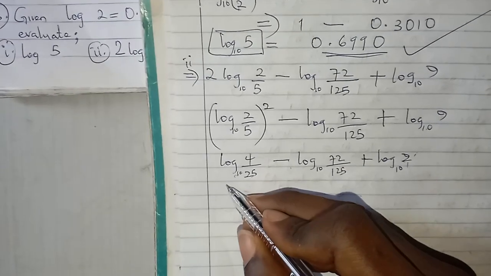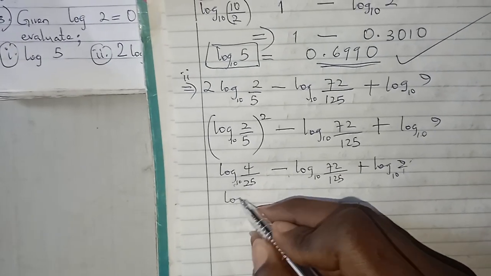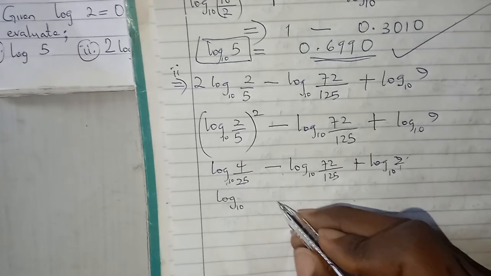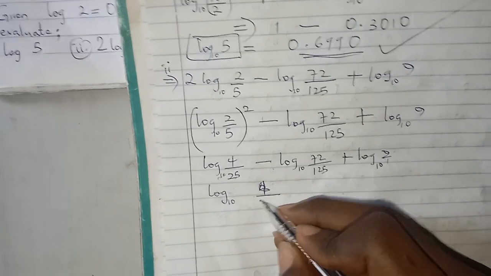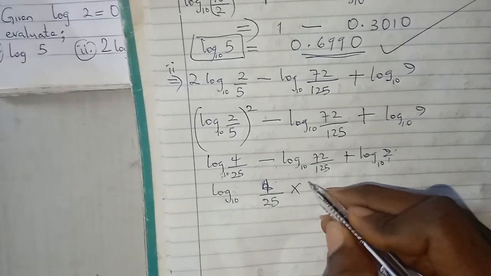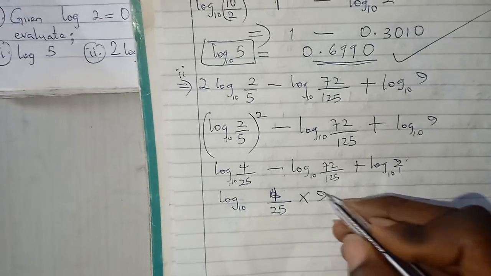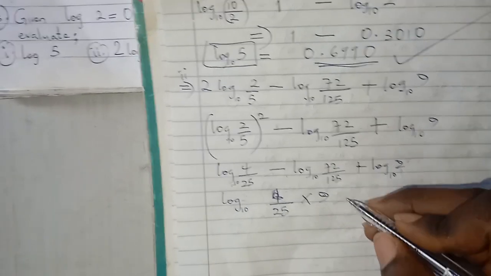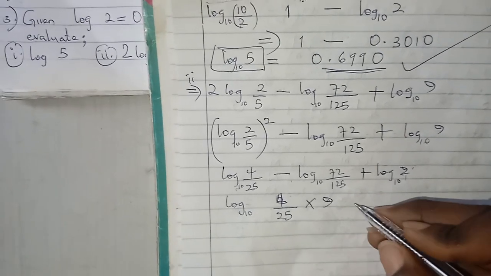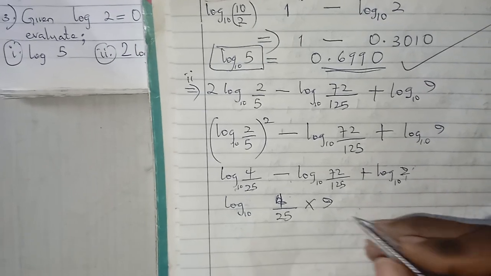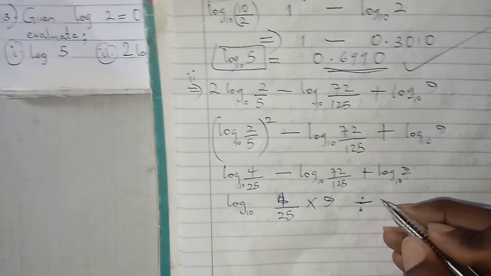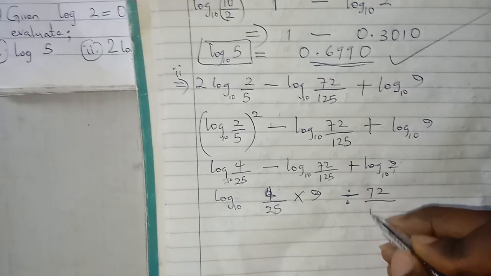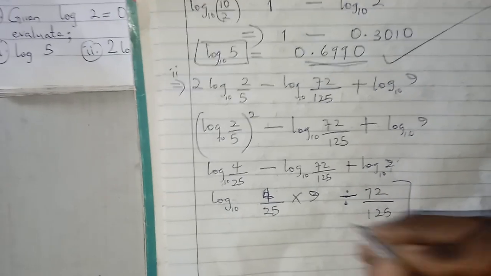So I can have this as log 10 to 4 over 25 times 9, then divided by 72 over 125.